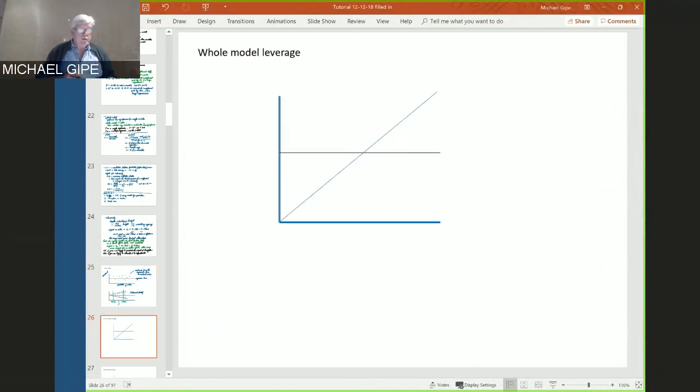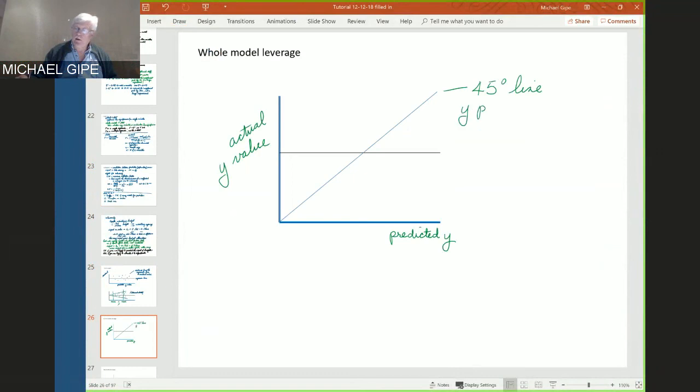Next one, whole model leverage. So we're going to plot predicted y versus the actual y value. And this 45-degree line here, which serves as kind of the center, is where the predicted y is the same as the actual y.